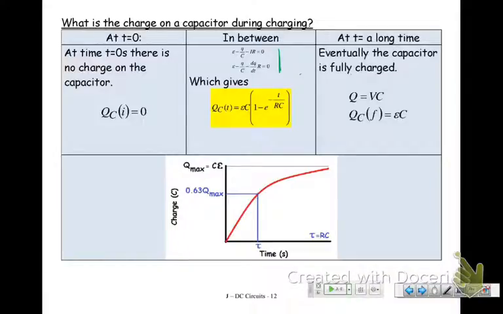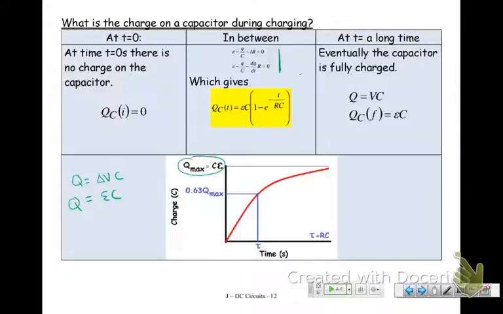So let's go through it. My maximum charge: we know that charge is equal to my delta V times C, and at the maximum, my potential difference is the same as my EMF.